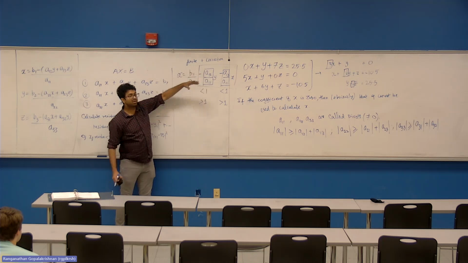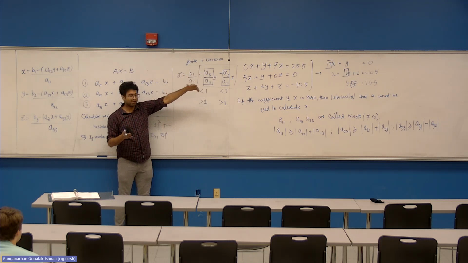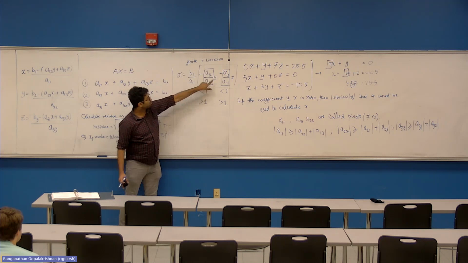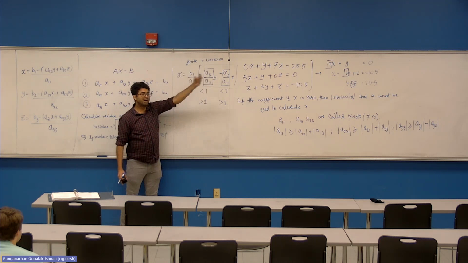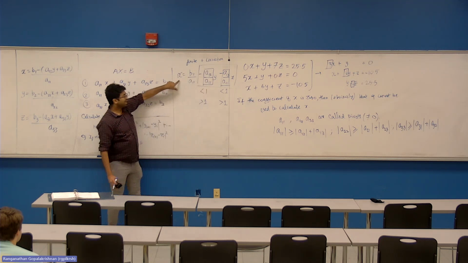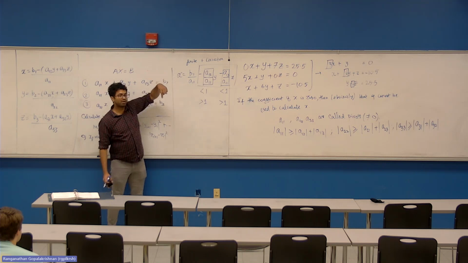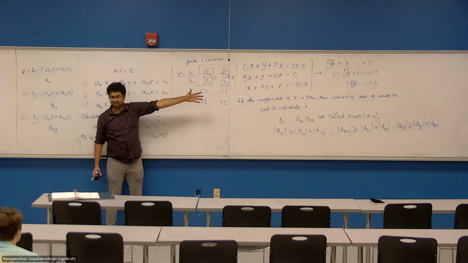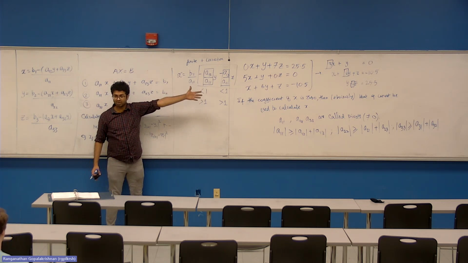So this correction will keep getting bigger and bigger, because this number is greater than 1, whatever y is, it would be amplified, which will make x bigger, which will make y bigger, which will make x bigger, and it keeps on getting bigger and bigger. Eventually, all your x, y, and z will run towards infinity. They all keep getting bigger and bigger without limit.